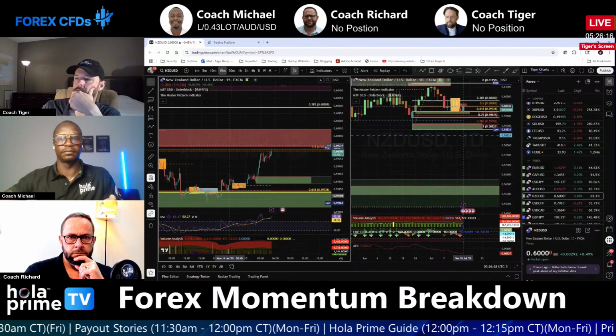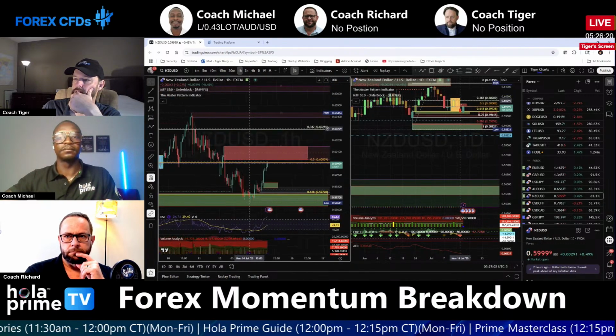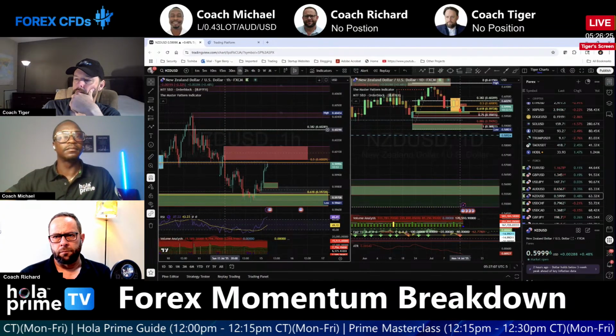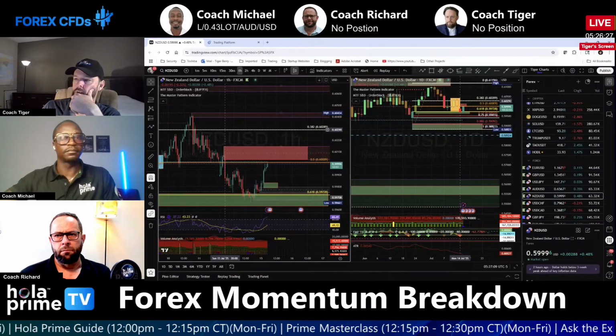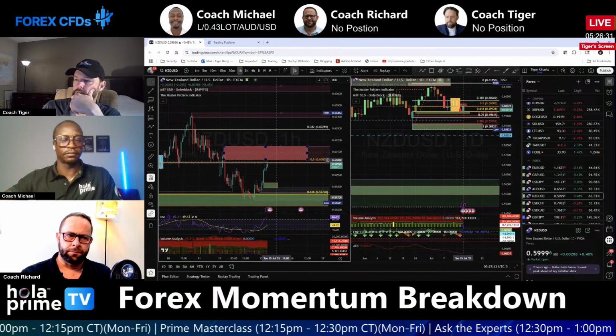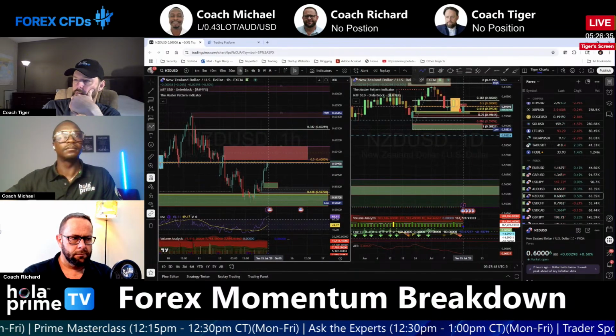Now, the overhead resistance is obviously in the way, if we're looking at that last green candle up before that spike down on good volume. So if price can somehow avoid touching that zone and we get a bullish score, then I would definitely be happy.